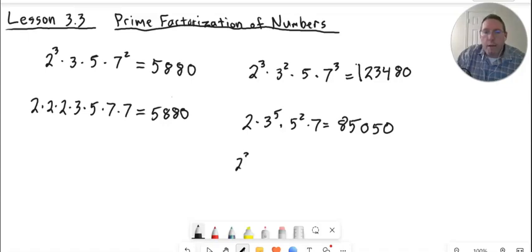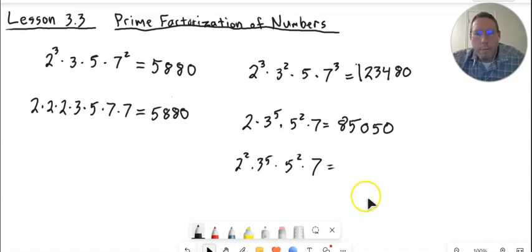How about 2 to the 2nd power times 3 to the 5th times 5 squared times 7. Try this in the Numworks calculator. All right, I'm going to go ahead and do it.